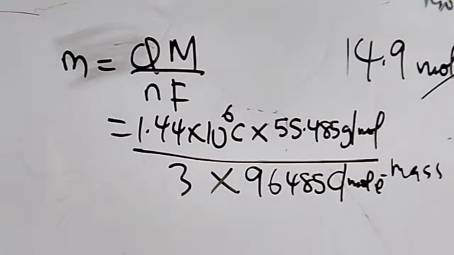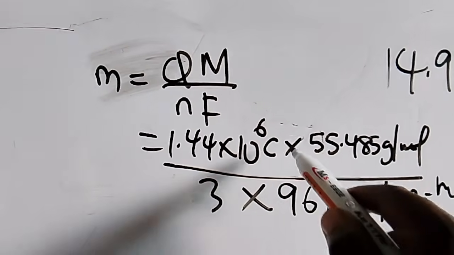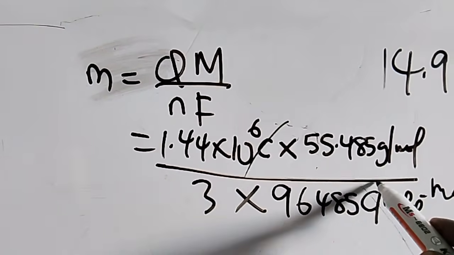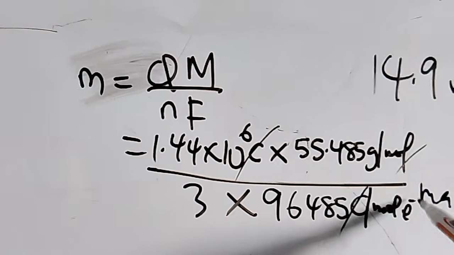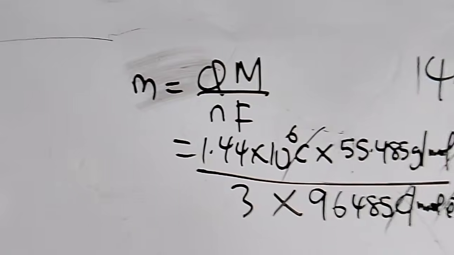Here we can see that the units will cancel: the coulomb will cancel, then the moles of electrons cancel, and we are remaining with the grams.